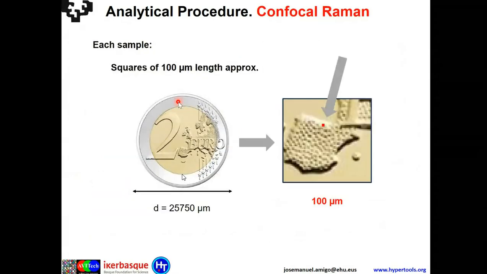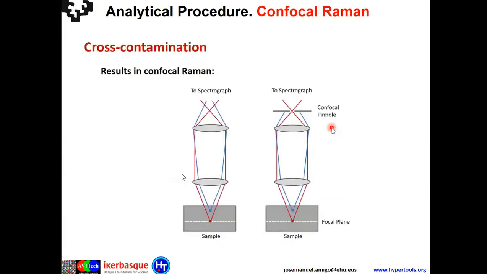So with Raman imaging, we measure this area, 100 microns, but actually we used one of the best qualities of this Raman microscope, that is the confocality of the laser. We were able to actually focus the laser in the surface of the sample, but we were also able to focus the laser inside the surface. That means, remember that I told you before that this cut here has 25 microns or 20 microns.